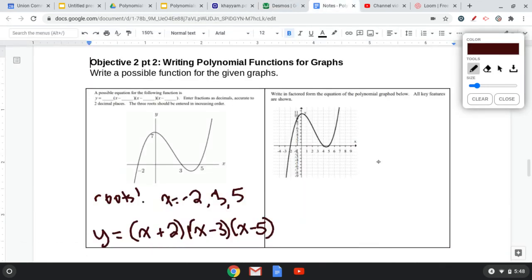We got that point to be at 0, 7. So our function here can actually be, to be even more exact, y equals 7 over 30 times x plus 2, x minus 3, x minus 5. So this part covers the roots, and then this part covers where we want this line to go.